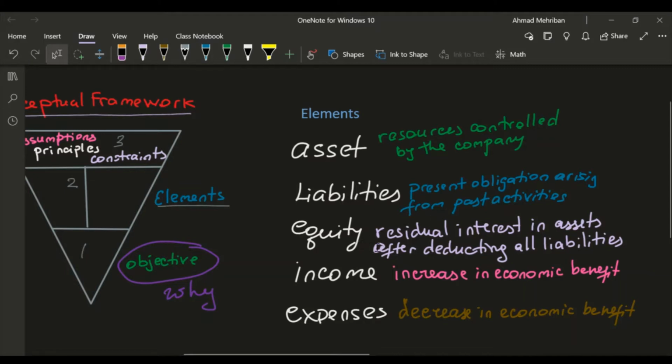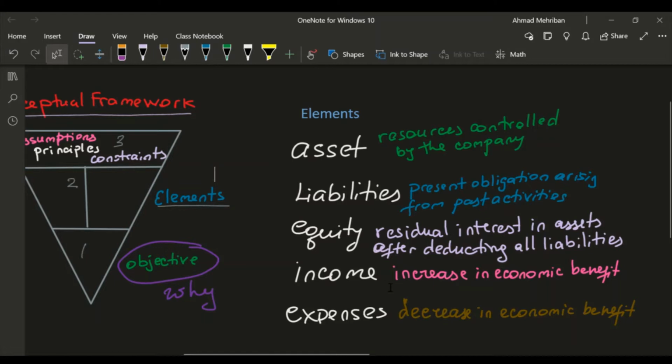Equity, I've explained it using different words, but it's exactly the same thing. It's a residual interest in assets after we deduct all of the liabilities of the company. So that's the last thing that remains. That's your equity. And income is the increase in economic benefit, and expenses are the decrease in economic benefit.